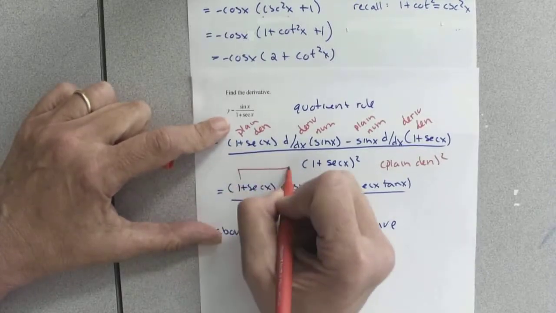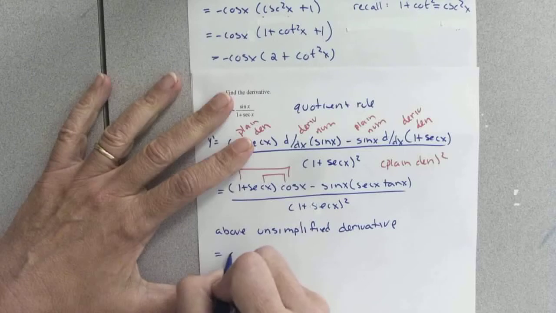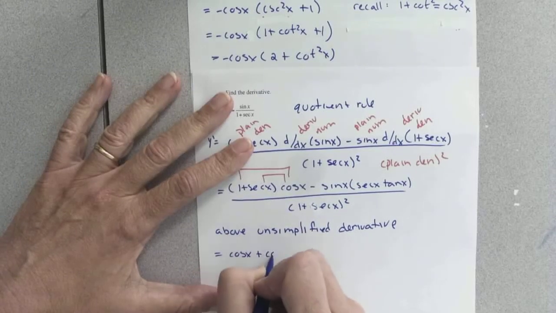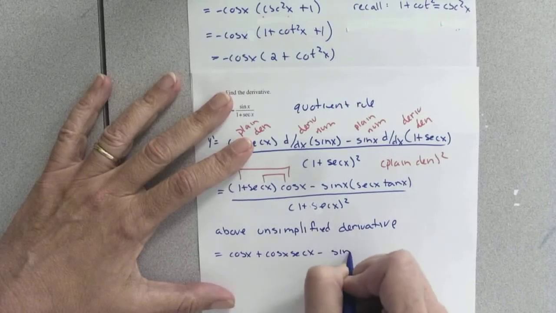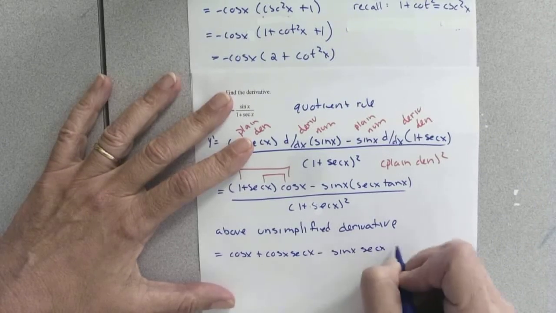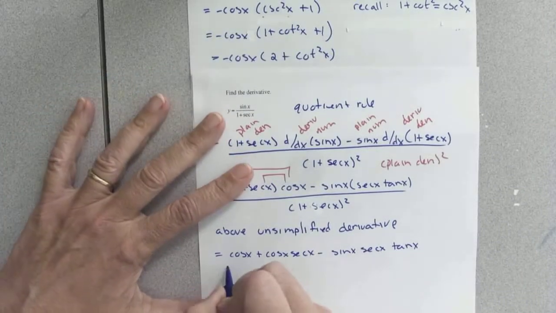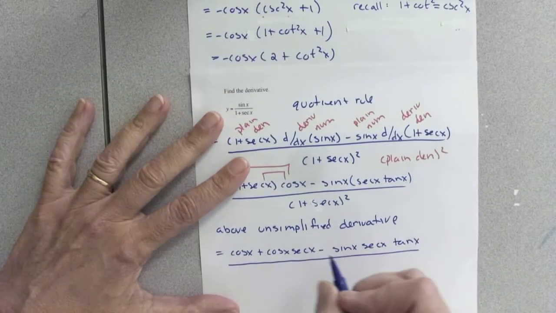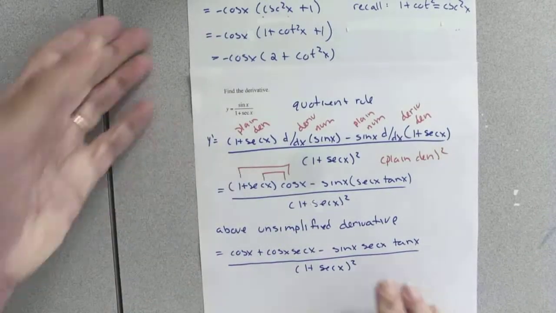Instead, I'm going to multiply out and see what happens. And so I get cosine x plus cosine x secant x, and then minus sine x secant x tangent x, all over 1 plus secant x quantity squared.